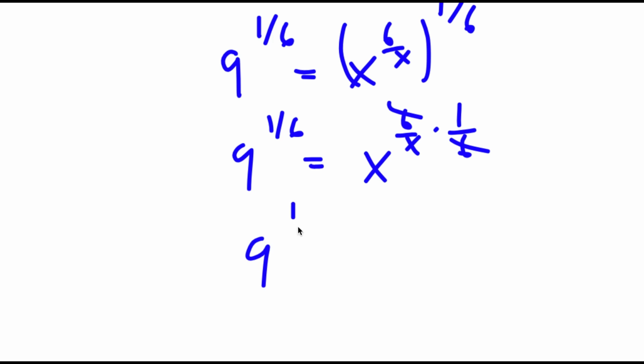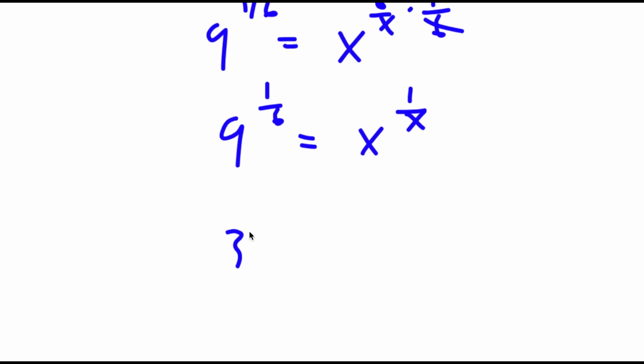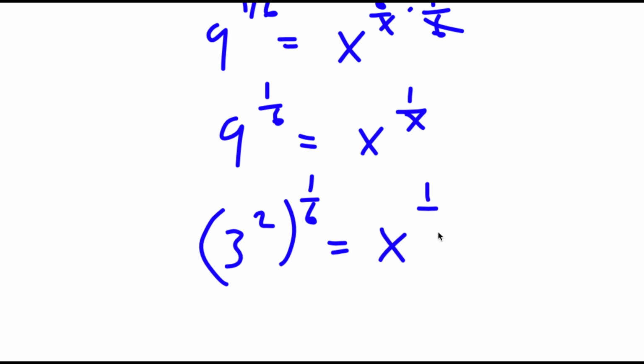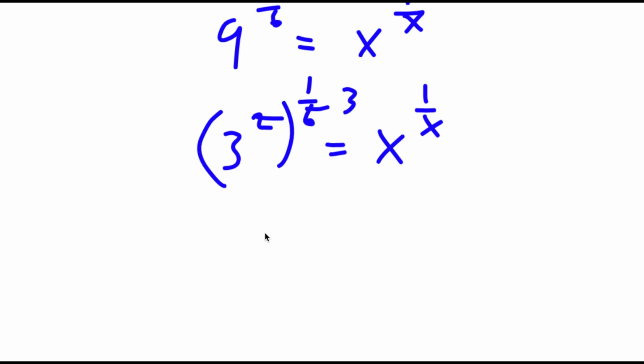So now I'm left with 9 to the power of 1 over 6 is equal to x to the power of 1 over x. Now, 9 is the same thing as 3 squared, so I get 3 squared to the power of 1 over 6 is equal to x to the power of 1 over x. 2 and 6, these make 3, so I get 3 to the power of 1/3 is equal to x to the power of 1 over x.